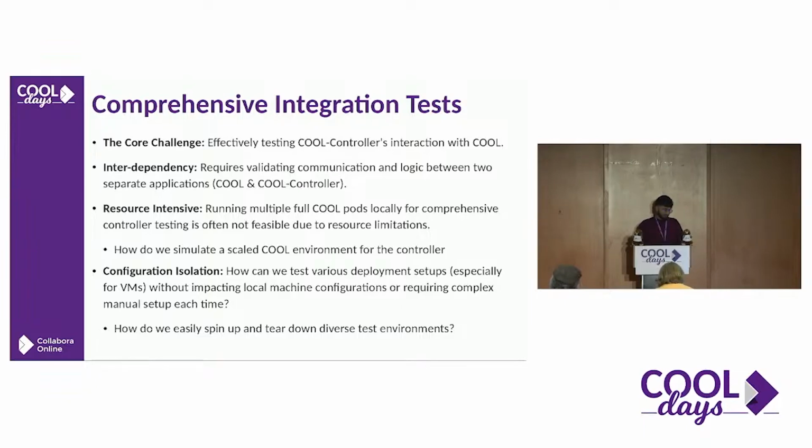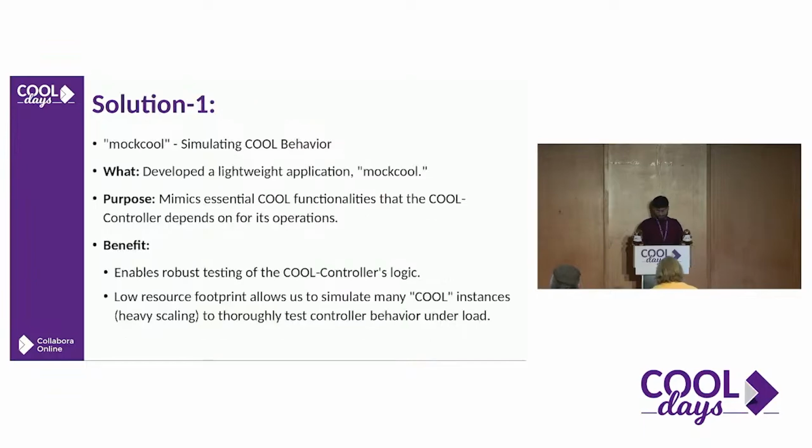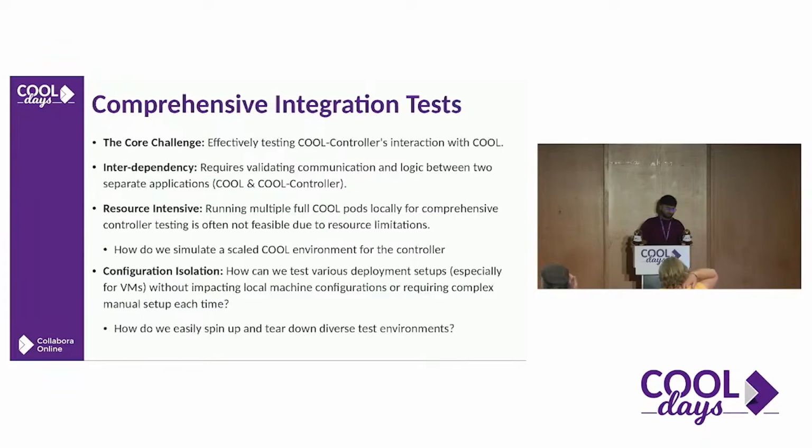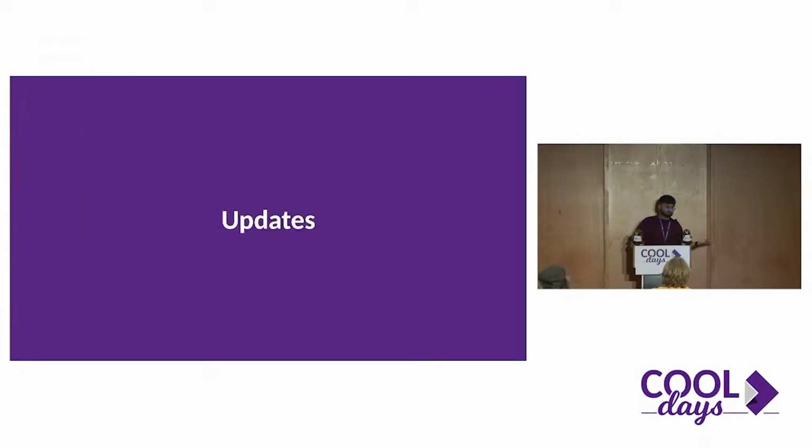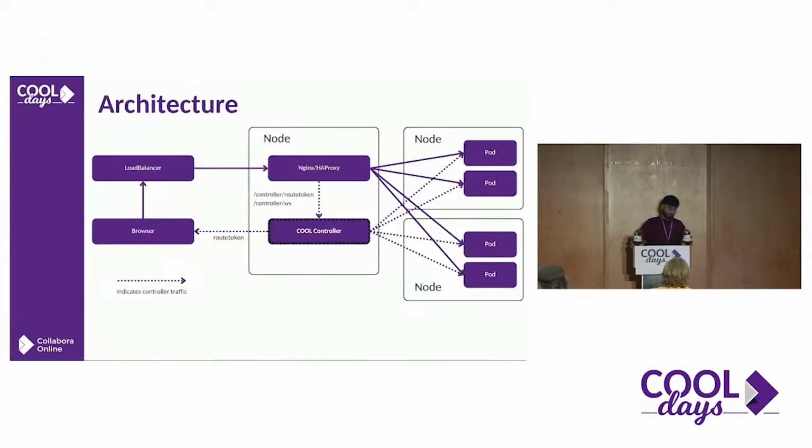So what I did is I created the mockcool. It mimics the cool functionality that the controller depends on. The controller sucks out a lot of data from Collabora Online, so it depends on this interaction.